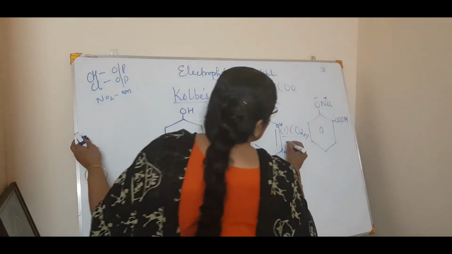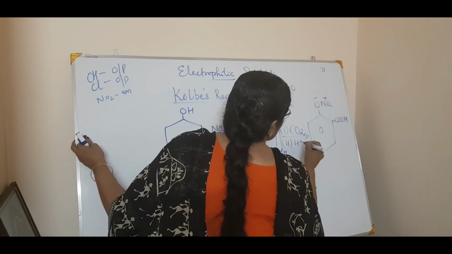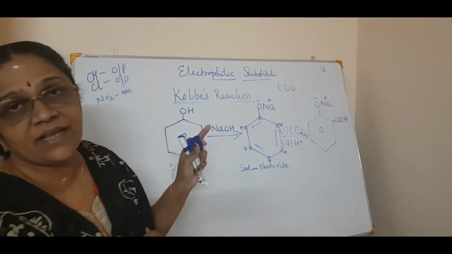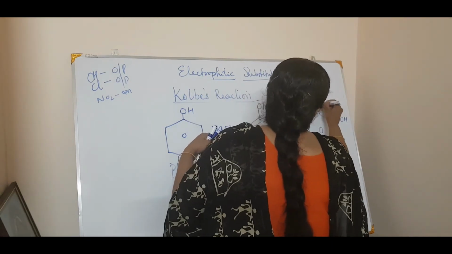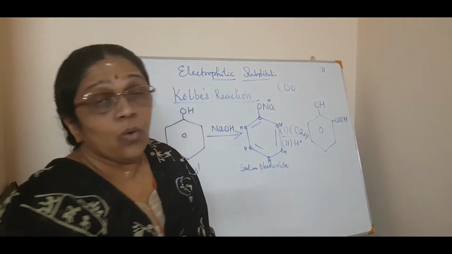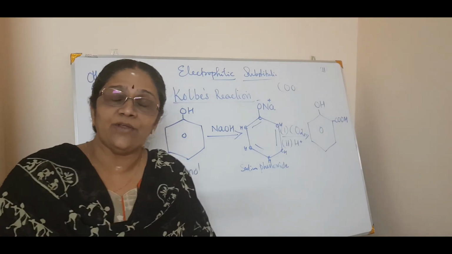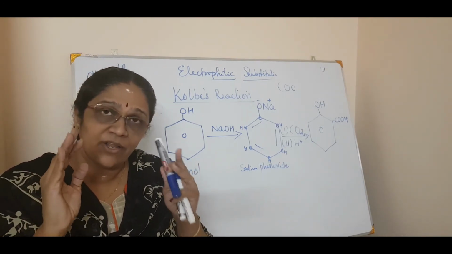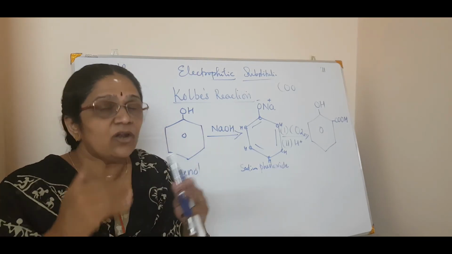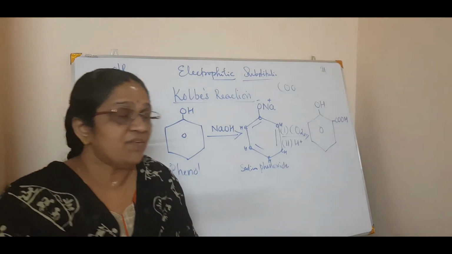So then you will say the second step as hydrolysis, water in acidic medium. അപ്പോൾ എന്ത് പറ്റും? രണ്ടാമത്തേതിൽ ഇത് പോയിട്ട് you will get OH. ഞാൻ പറഞ്ഞിട്ടുണ്ട്, if you put an arrow and if you write 1 and 2, first is carbon dioxide. So once the carbon dioxide reaction is over, then only the second reaction starts. അപ്പോൾ ഇവിടെ എന്ത് പറ്റും?